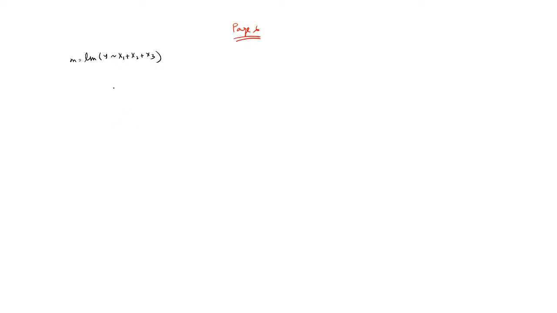Now your homework is this. You should submit all this homework before the coming Sunday. First, you take a data set with at least 3 explanatory variables, and n, the number of observations, should be greater than 30.